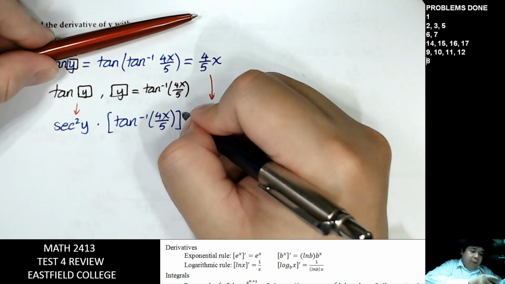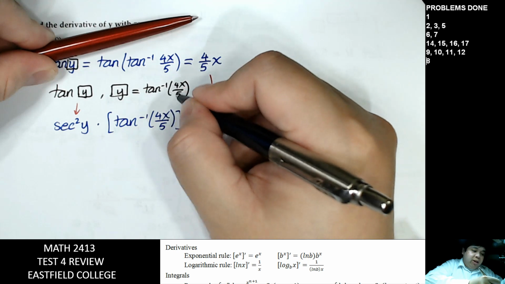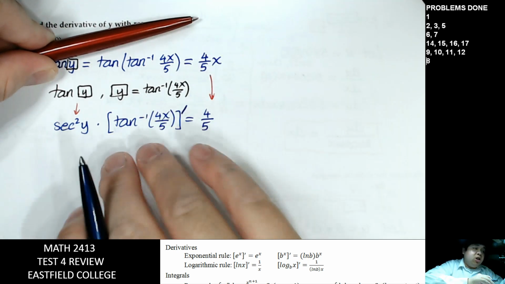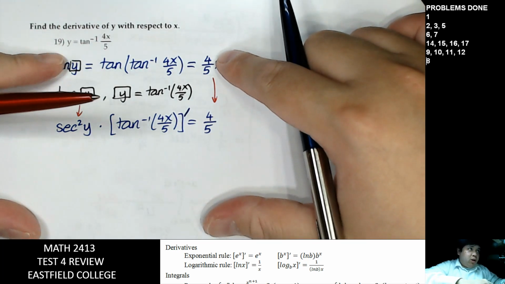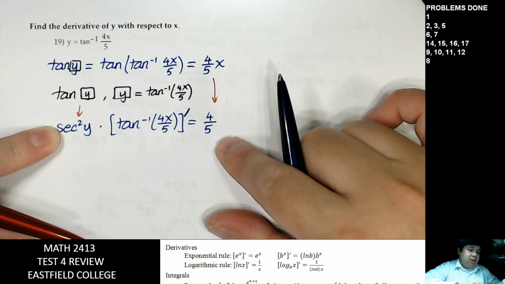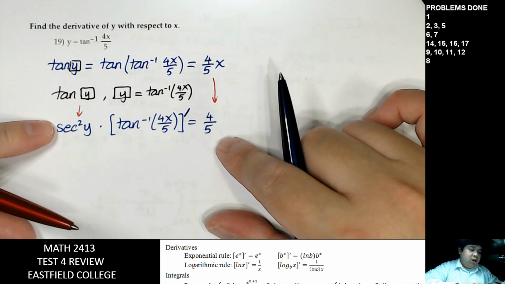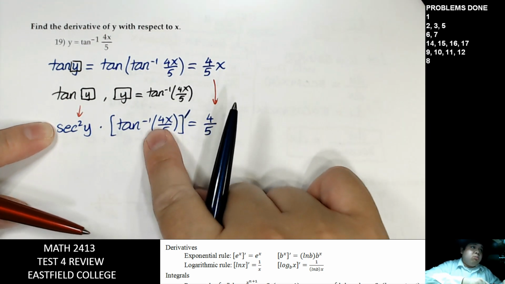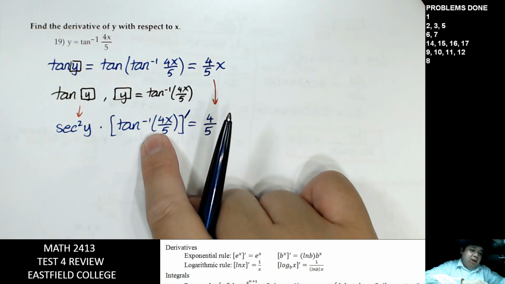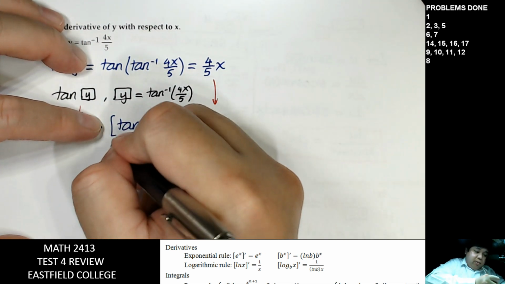We still have the derivative of this, which we don't know, so we just leave it like that. Taking the derivative on both sides, the derivative of tangent y is this, and the derivative of 4 over 5x is this. The question asks us for the derivative of this, so we're going to keep the term here.